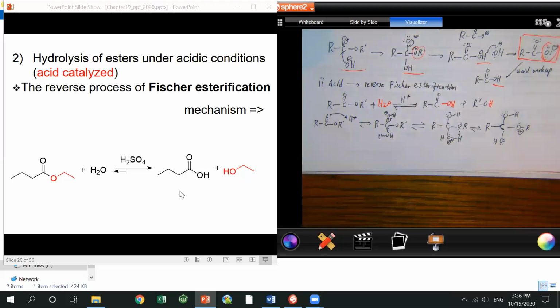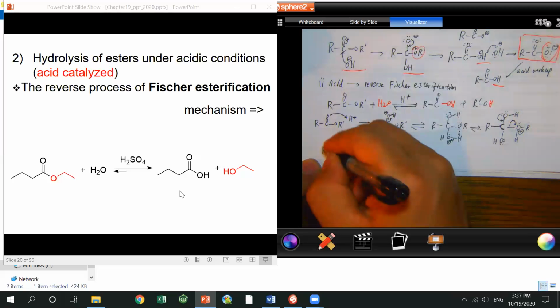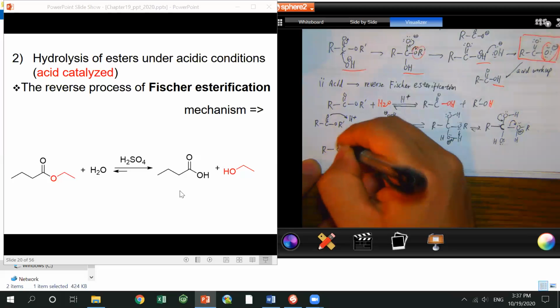So now it's ready to kick off the alcohol. Either OH can do it, it doesn't matter. For example, the top one: the lone pair of electrons on the oxygen can come back and kick off the OR, and then you generate the final intermediate.